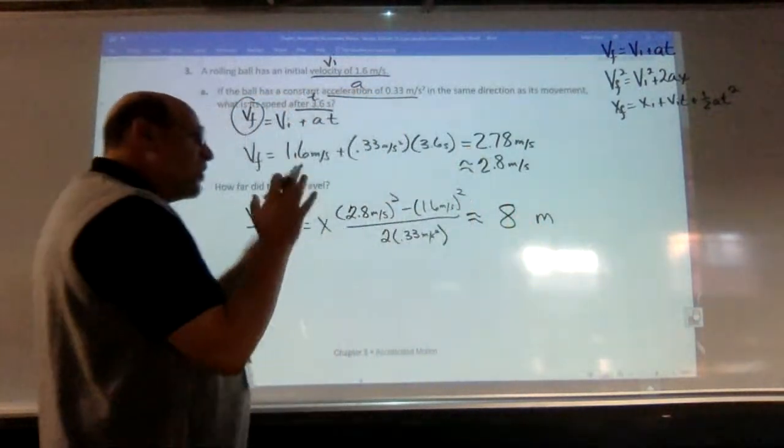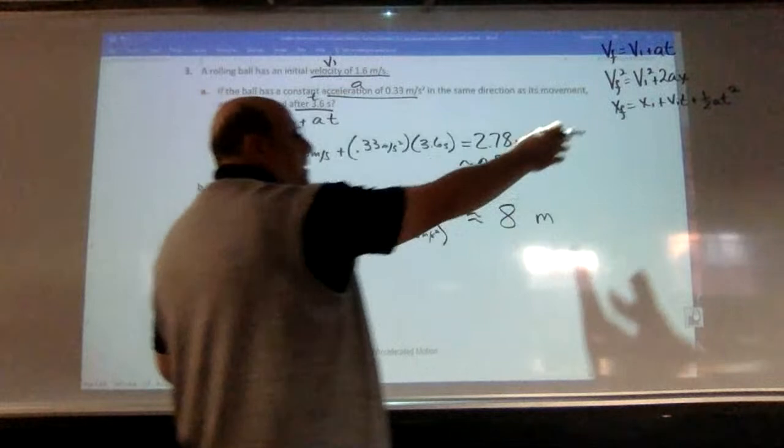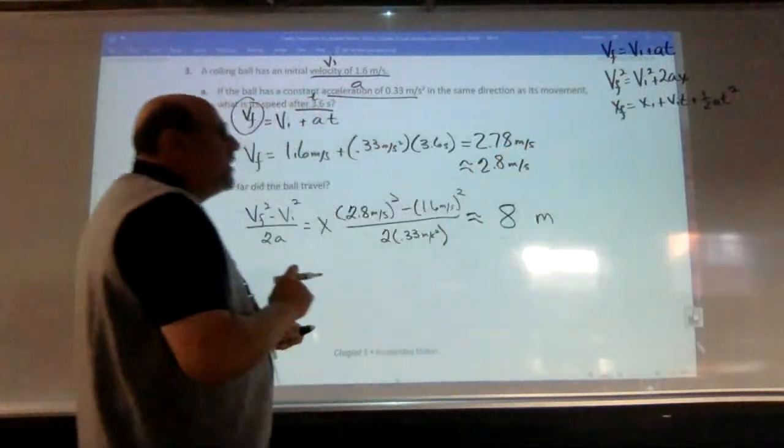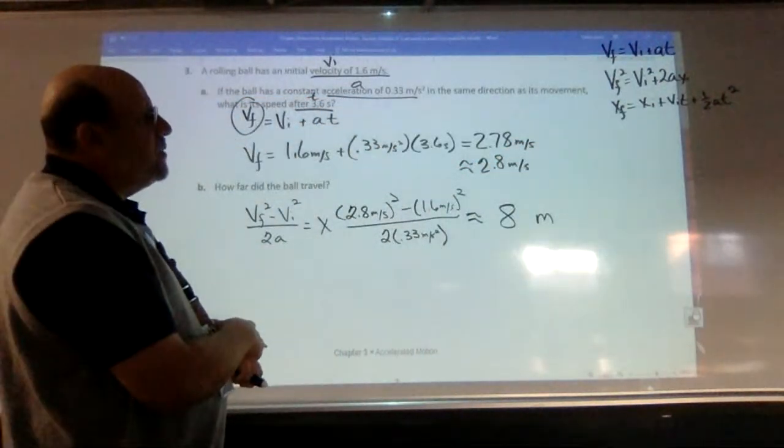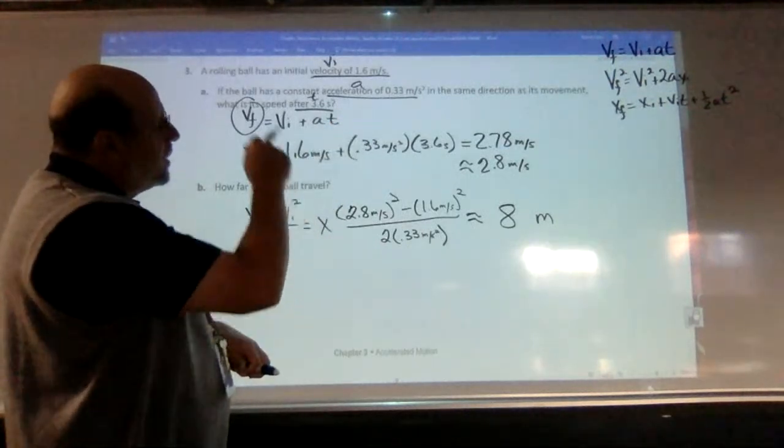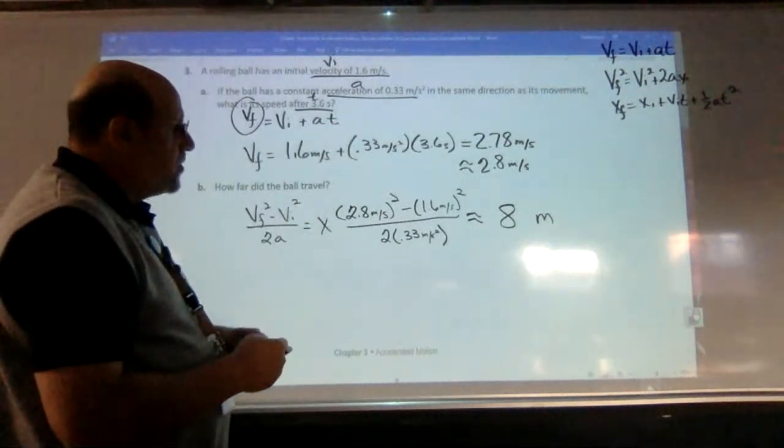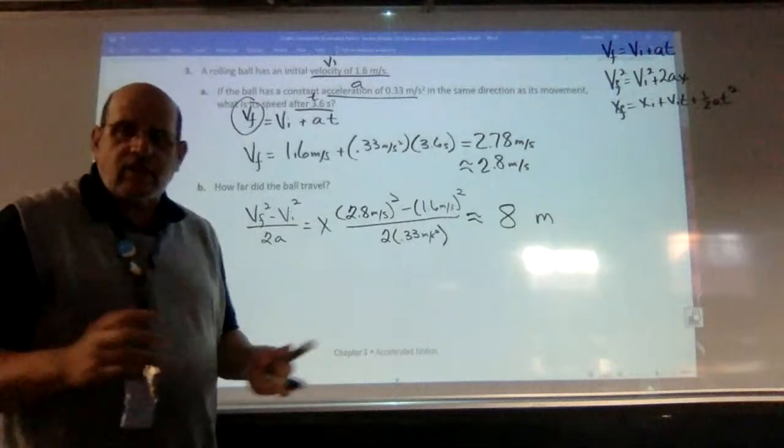We come up with something pretty close to 8 meters, maybe just a tad less than 8 meters when you use that formula over there. We should be good. All right, so that's that.